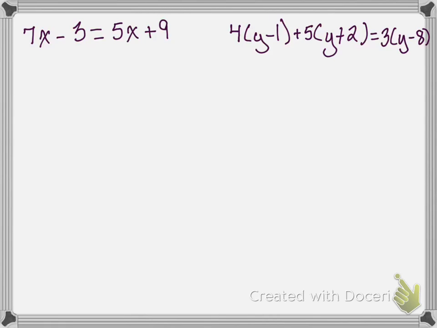Okay, our next one: 7x minus 3 equals 5x plus 9. It has variables on both sides. So the first thing that we want to do here is move variables to the same side.